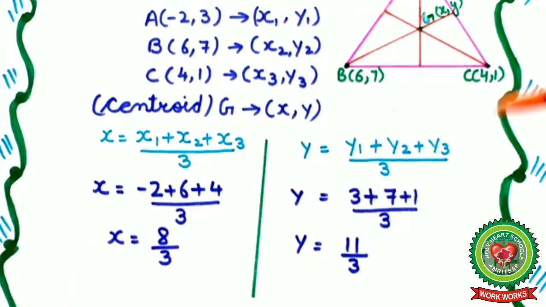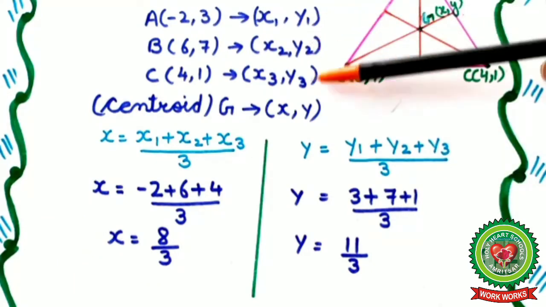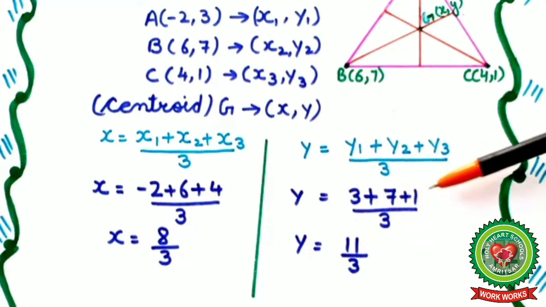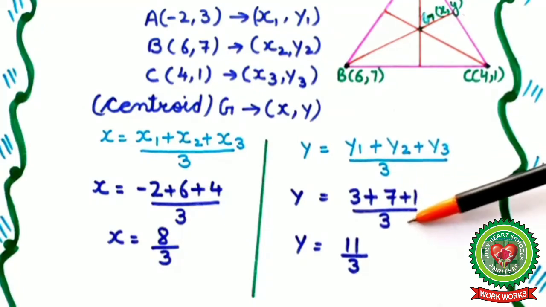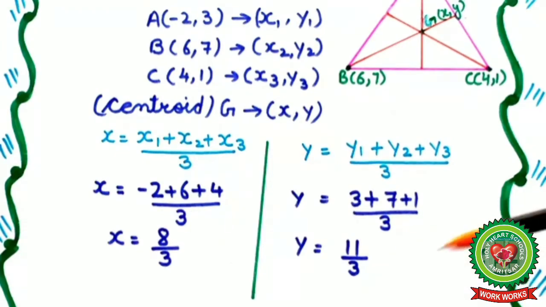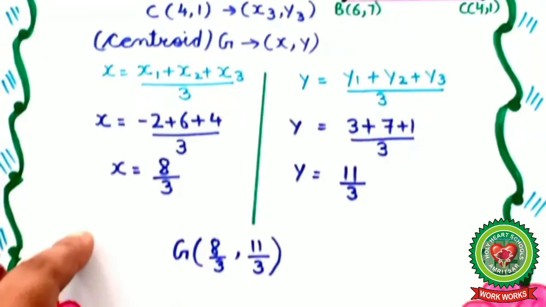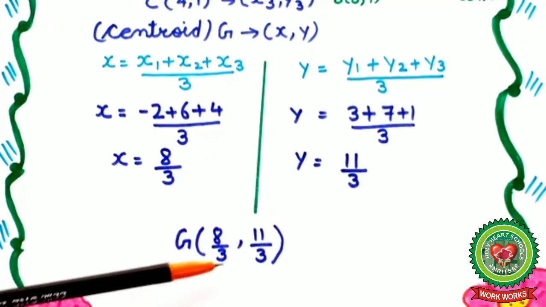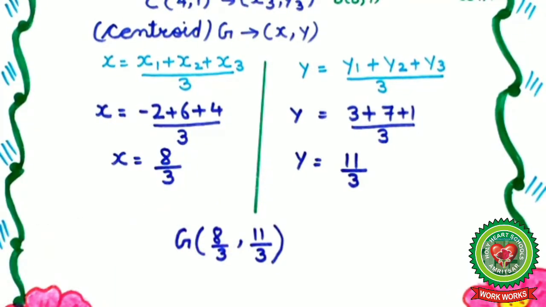After filling in the values, x equals (-2 + 6 + 4) upon 3. After solving, the answer is 8/3. After filling in the values of y1, y2 and y3, which are 3, 7 and 1, we get (3 + 7 + 1) upon 3. After solving, 11/3 is the answer. Now the coordinates of the centroid are G (8/3, 11/3). This is the first type.